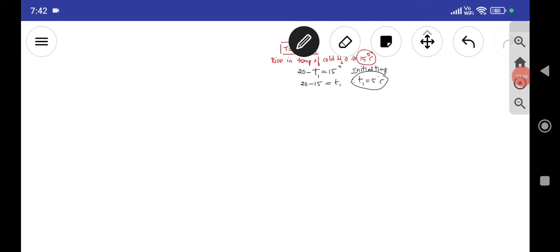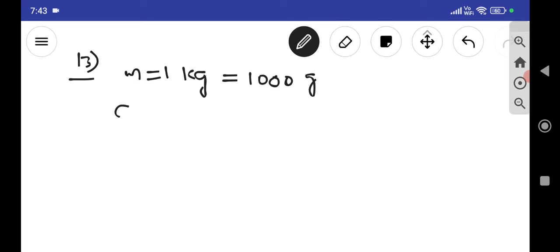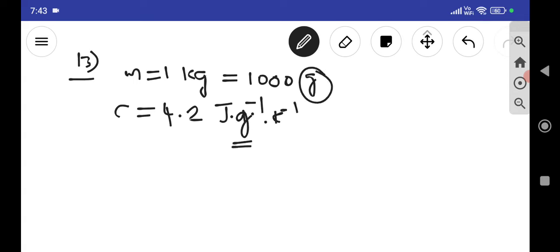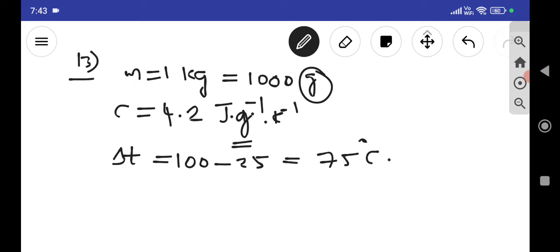Now the last question, 13. They gave you mass 1 kg. Converting into gram, we get 1000 grams. C, specific heat capacity, is 4.2 joule per gram per Kelvin. Because they gave it in gram, we took it in gram. Delta T is equal to final minus initial, we get 75 degrees.